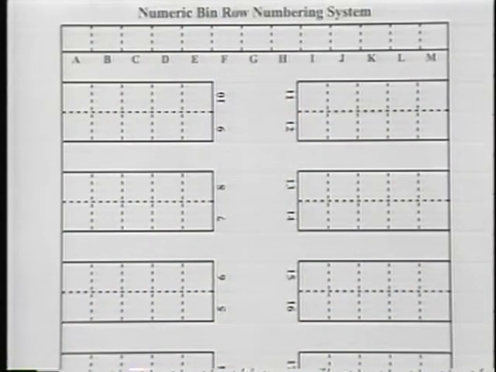Now, on page 24, here is the layout for what we call a straight numeric layout application. You will notice, and I'm going to kind of walk through the middle of the storeroom, which is the main aisle, and all of the rows of the bins are identified by 1 and then 2, so the progression is straight numeric.